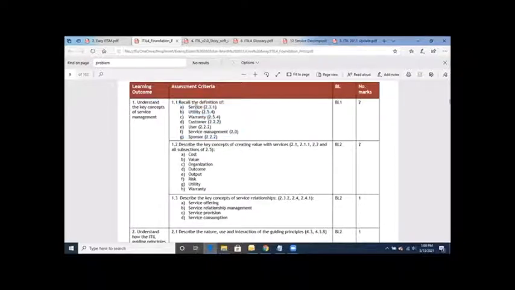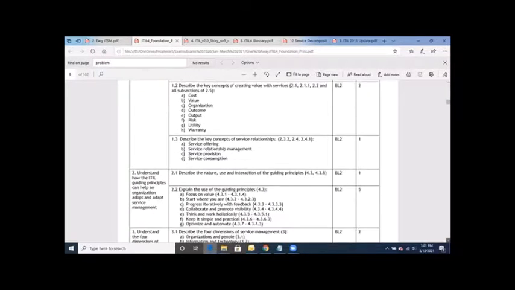Very simple. Just look at the definition, understand it, and then finish. Again, key concept. What is cost, what is value, what is meaning of value, organization किसे कहते हैं, output क्या है, outcome क्या है, risk क्या है, utility. Again 2 more, 2 और निकल आए. Then 1 slide जिससे 1 और mark निकल आता है इधर. So 5 marks you get it.